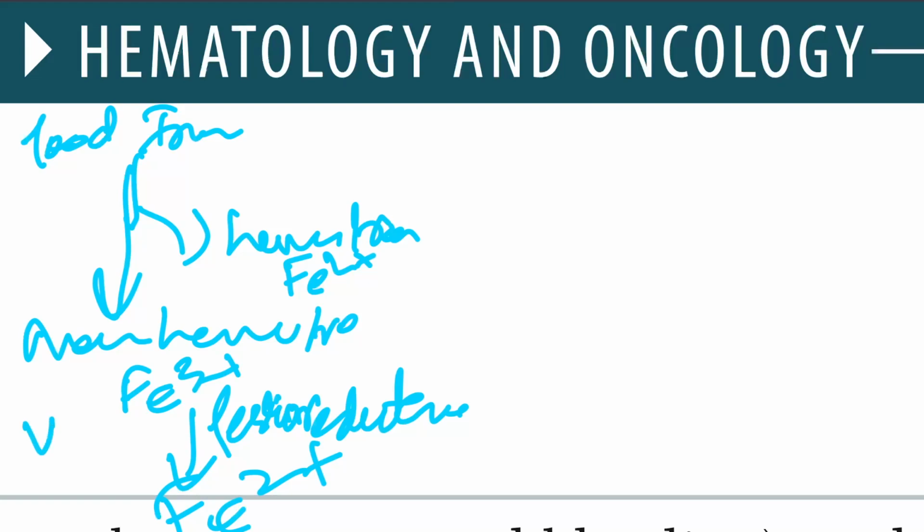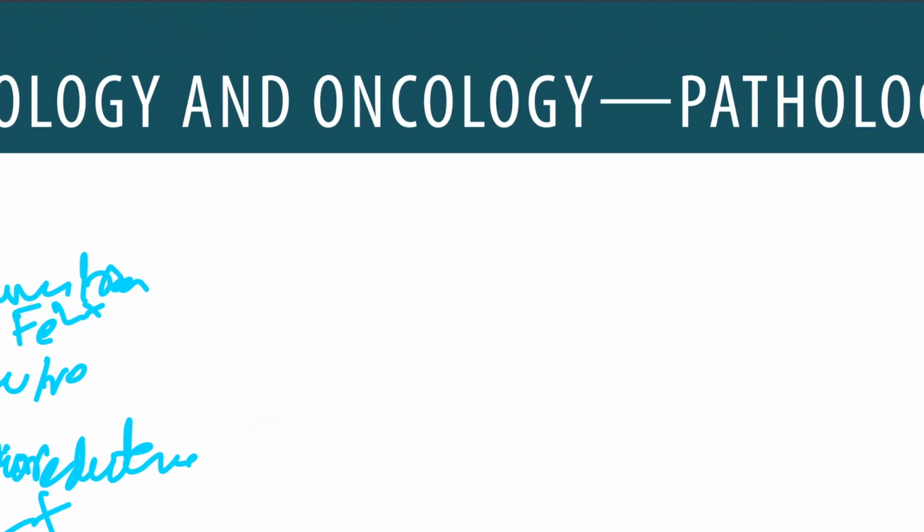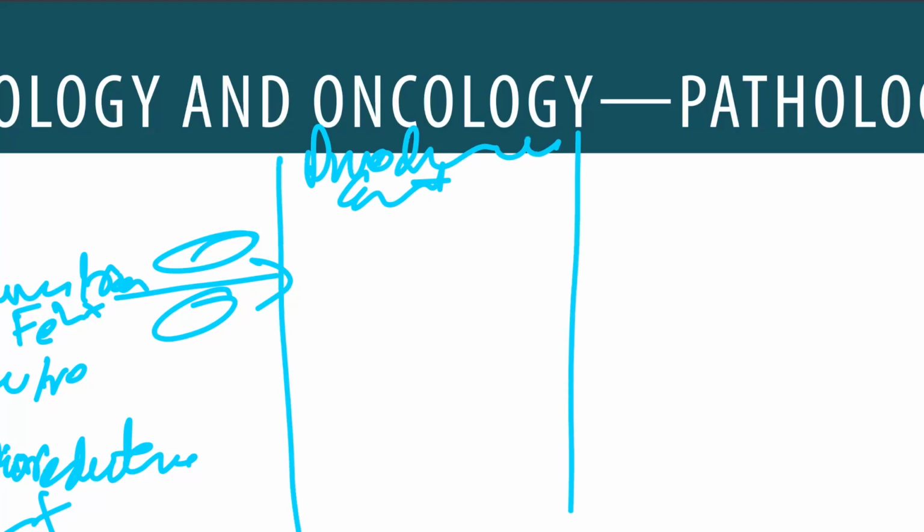And with the help of vitamin C. So this heme iron now gets into the duodenum in enterocytes. Let's just draw that here. Through the channel called DMT1. This channel is called DMT1.